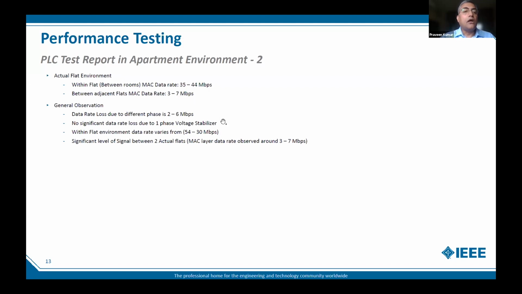Another observation was that between the phases there is a data rate loss of 2 to 6 Mbps. The voltage stabilizer didn't have much impact on the data rate. Within a flat, it was very good. If it is very near in the same room, up to 54 Mbps, but within a flat, easily 30 Mbps is achievable with multiple junction boxes and different phases.